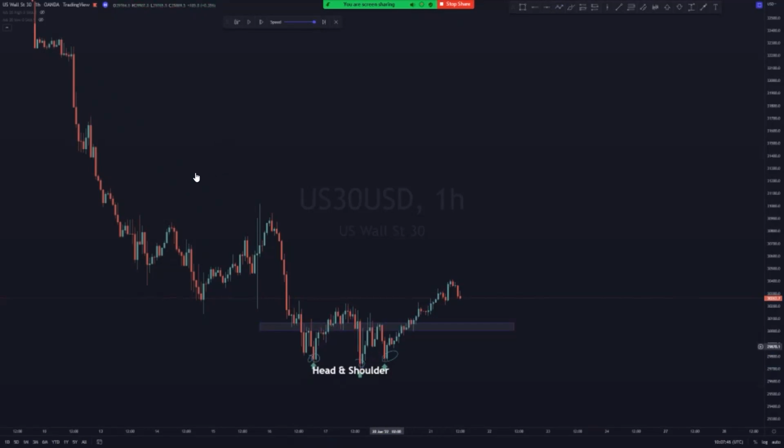Okay, so in order to take this trade, we need these candles to retest it down here to form another confirmation for us to take the trade.